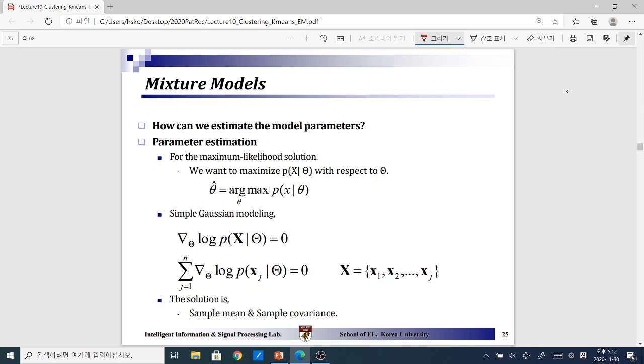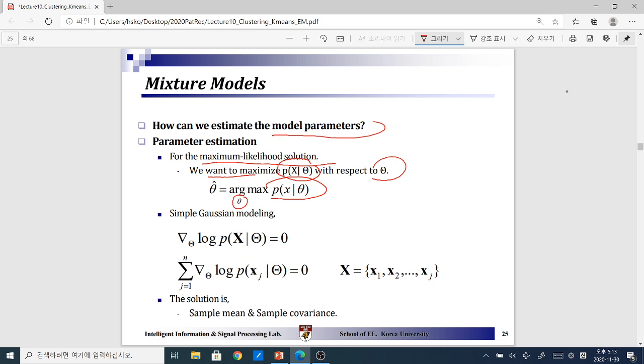So then the question is, how do we estimate the model parameters? The model parameter is going to be estimated by a maximum likelihood estimation procedure, which is done by maximizing the likelihood with respect to the parameter. In other words, what is the parameter that maximizes this likelihood?